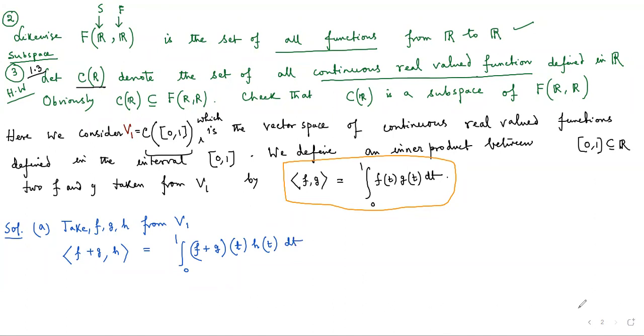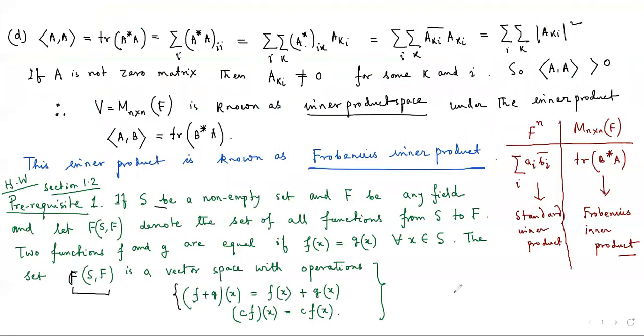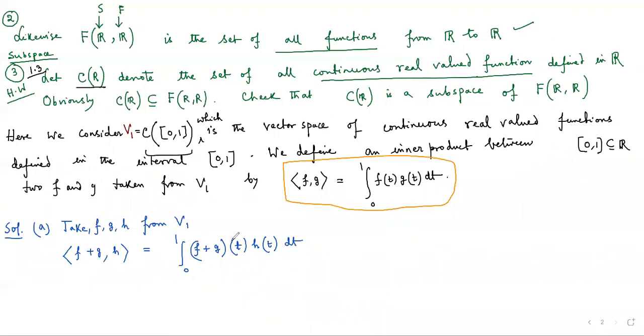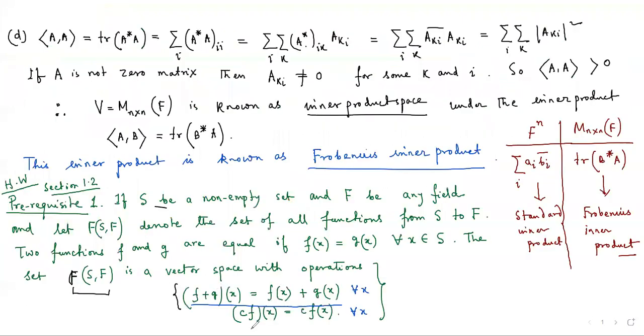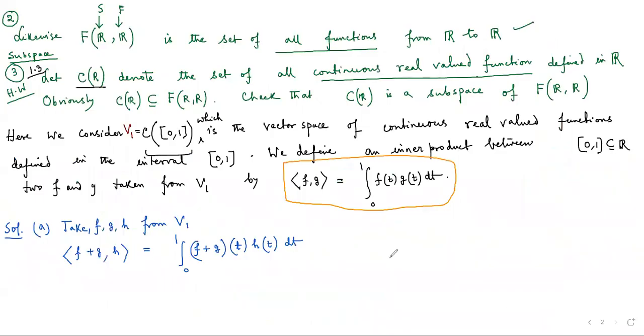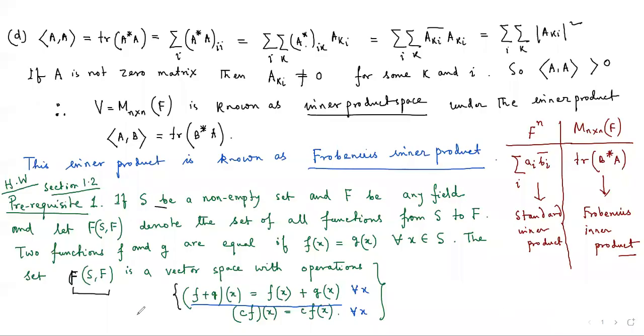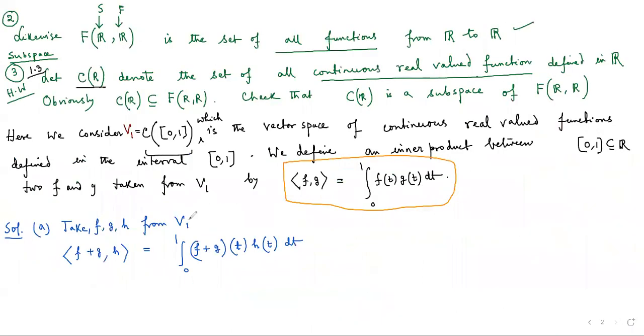Now why this prerequisite is required, you will now be able to understand. Look at this expression, how this operation is defined. Whenever I write (f plus g)(x), we consider it as f(x) plus g(x) for all x. I'm going to apply this onto this expression. Suppose you do not know that this happens, you will not be able to proceed further. That is why prerequisite one is required for the given problem.